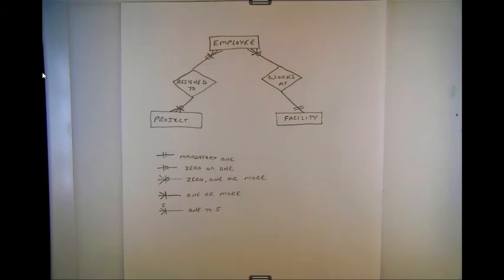But what if it always has at least one person? I'm going to not have the 0 on there. So again, an employee works at a facility and the facility has employees working at it. So I should be able to read it in both directions. Okay, everybody okay with that? All right.